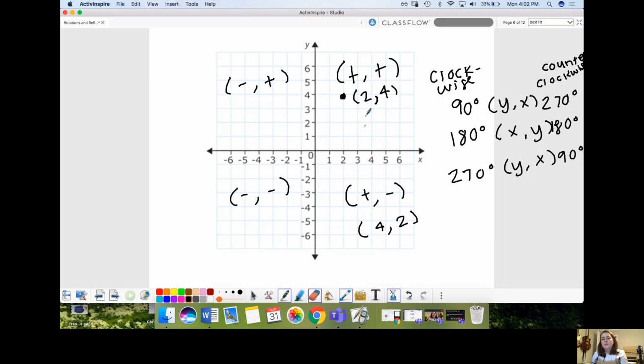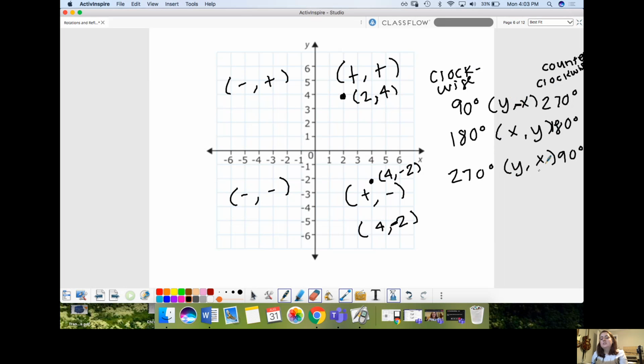Those flip. So the 4 goes in the place of the 2, and the 2 goes in the place of the 4. However, we need to think about this quadrant down here. The X is positive, but the Y needs to be negative. So the point would be 4, -2.